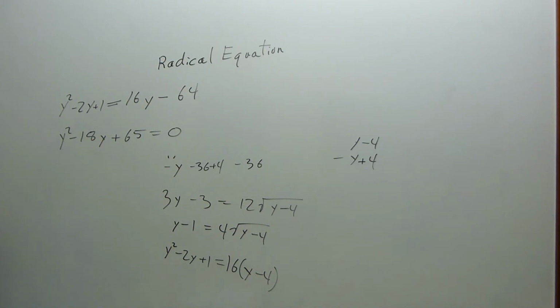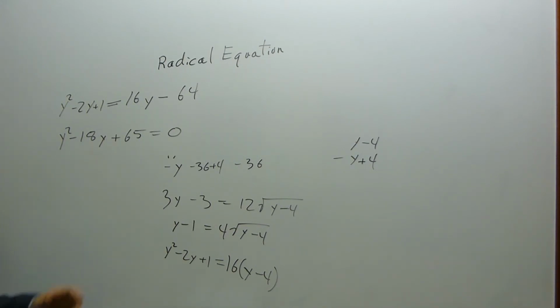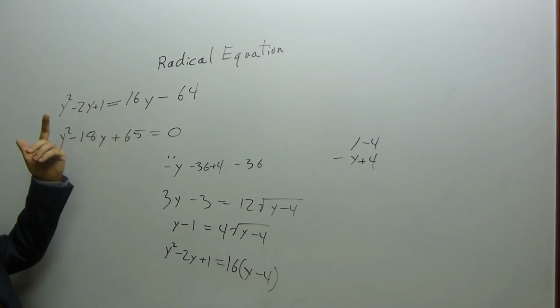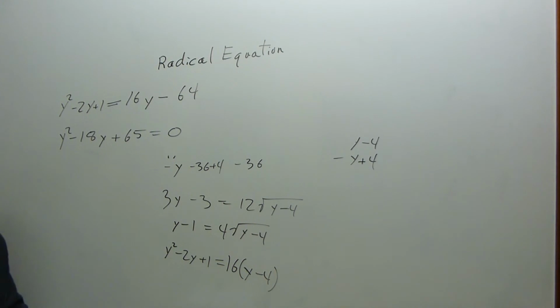Now we could take time and factor that. This isn't the section on factoring, but that should be factorable. In any case, that's simplified. That's a heck of a lot simpler than what we started off with.